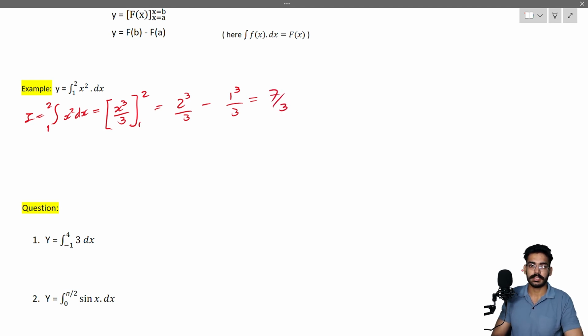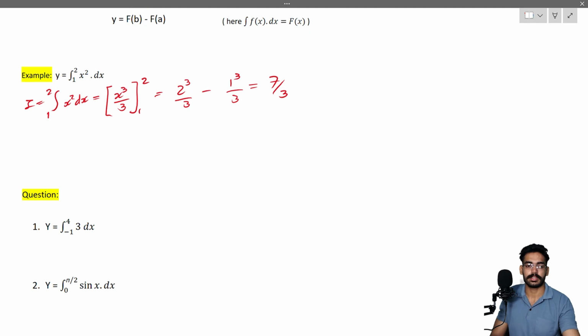Here you can say there is a plus c, but when you put the limits, c and c will get cancelled out, so there is no need to put the c in definite integration.